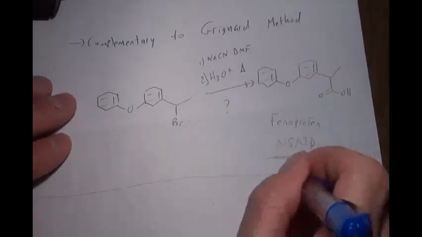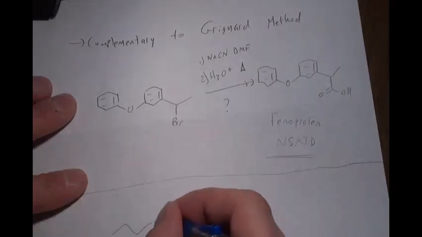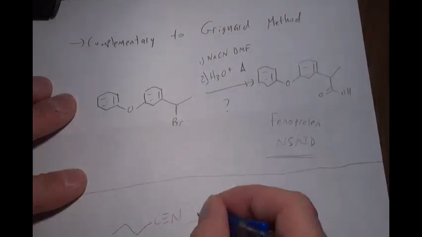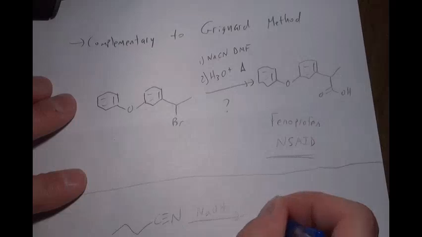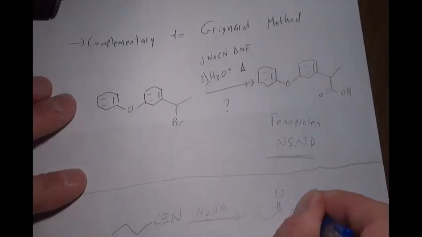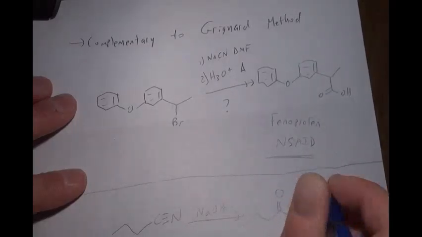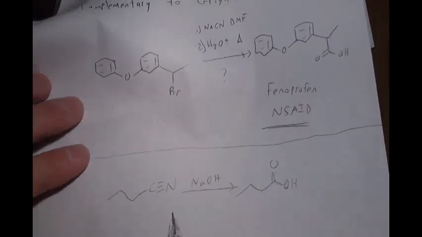The book, I think, may mention also that you can do this by basic hydrolysis. I'm going to skip that, and for this class, I'm not going to focus on this one.